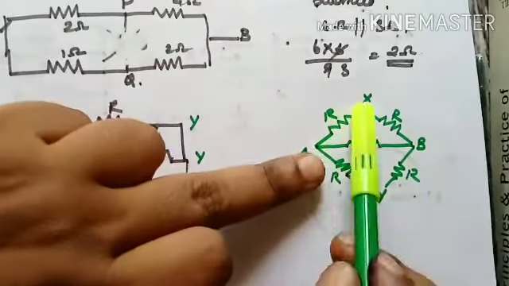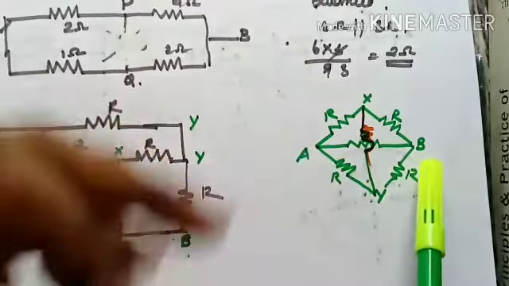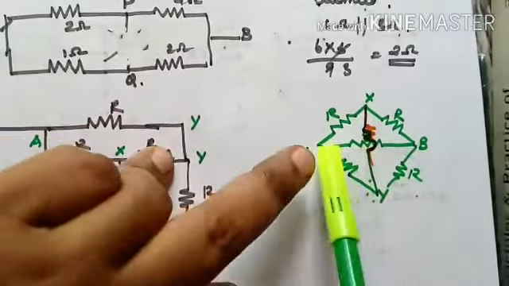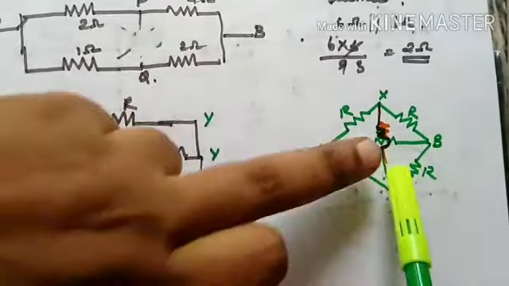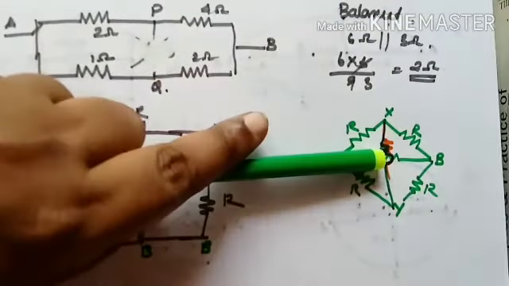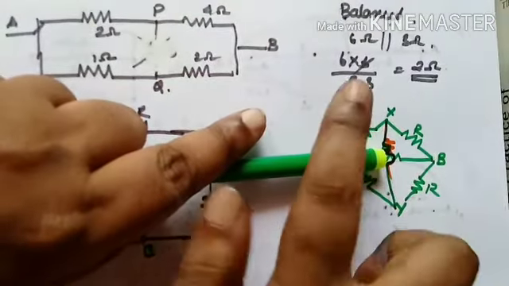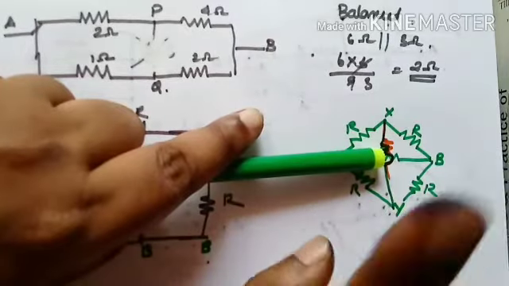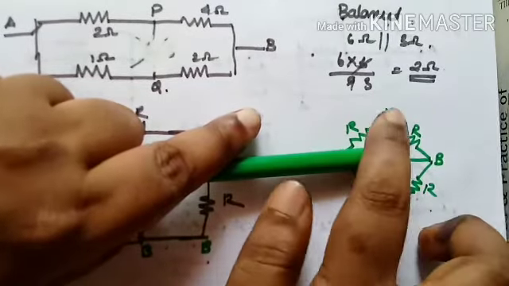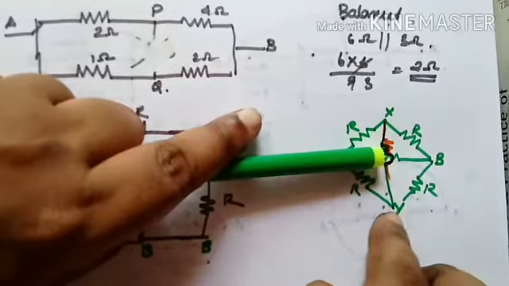See, in this Wheatstone's bridge, let's not consider the resistor between A and B. If I don't consider this one, it will be a proper Wheatstone's bridge, R by R1, R by R1. So I can consider the potential at X and the potential at Y to be the same.